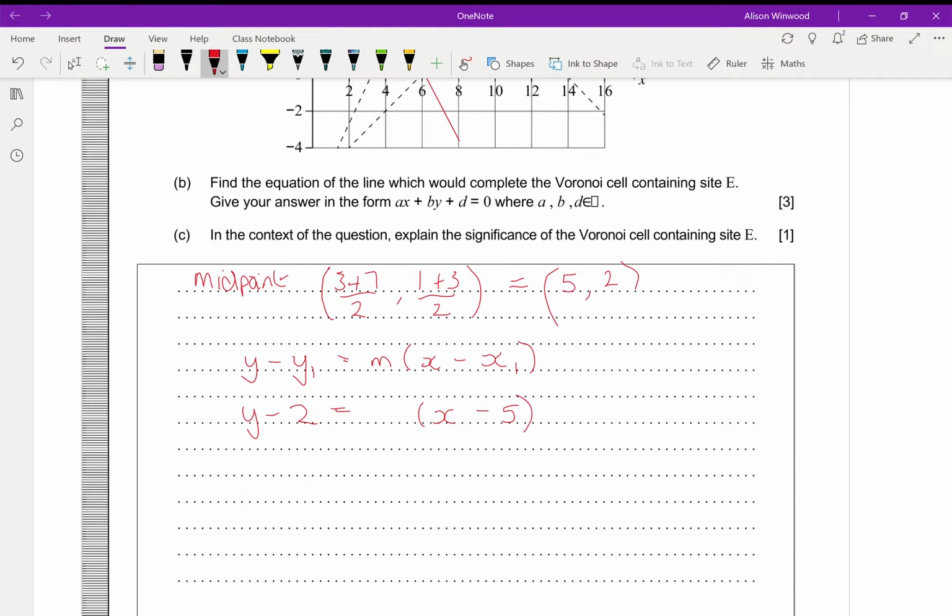And m is the gradient, which is the negative reciprocal of the gradient between the 2 points. So that was a half, so the negative reciprocal is negative 2. We just need to rearrange that and we get 2x plus y minus 12 equals 0.